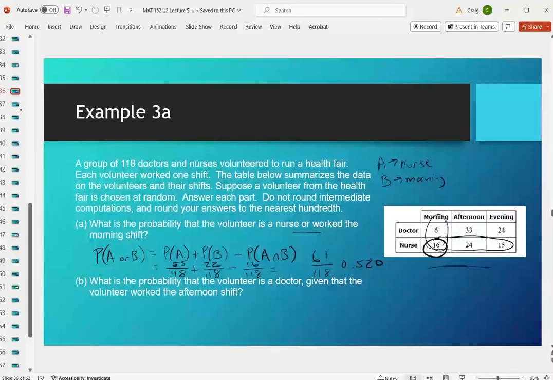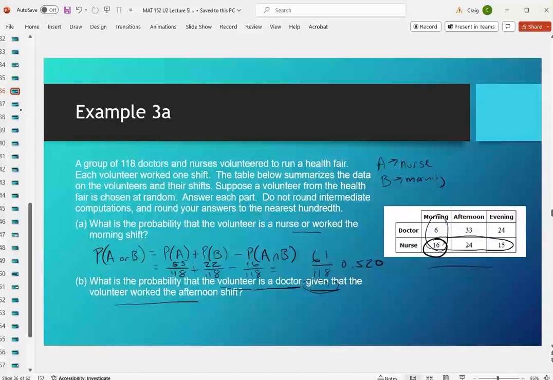So what's the probability that the volunteer that we randomly choose is a doctor, given that the volunteer worked the afternoon shift? And this word is important there, so watch for those in the questions that you're asked.